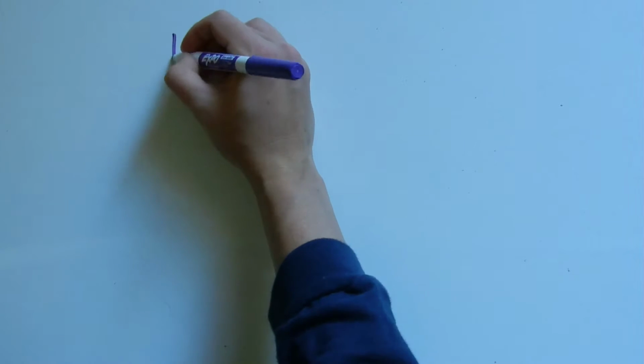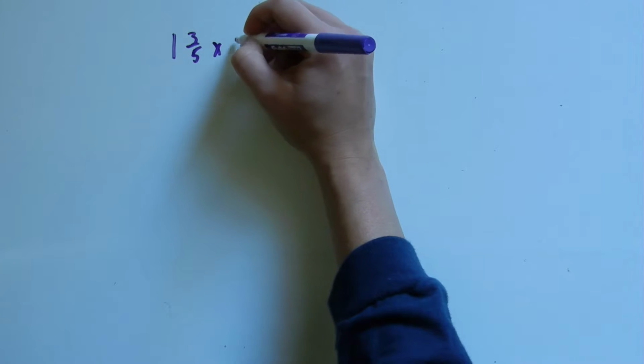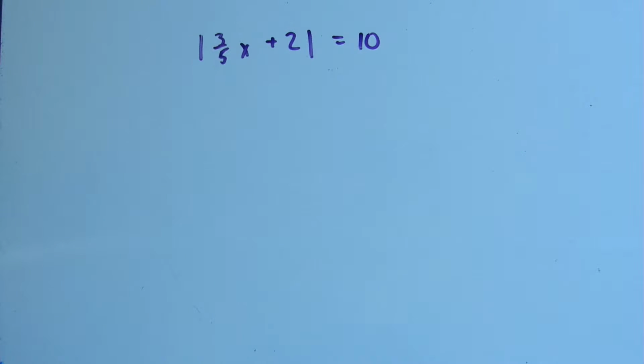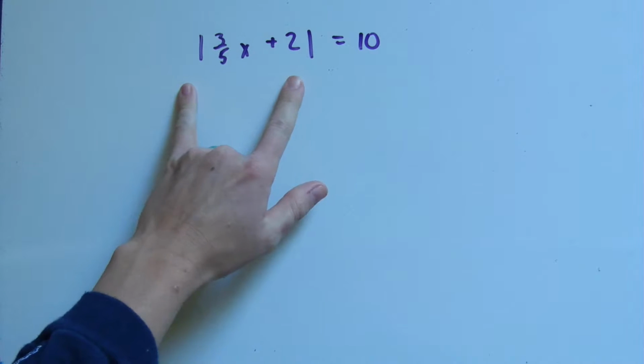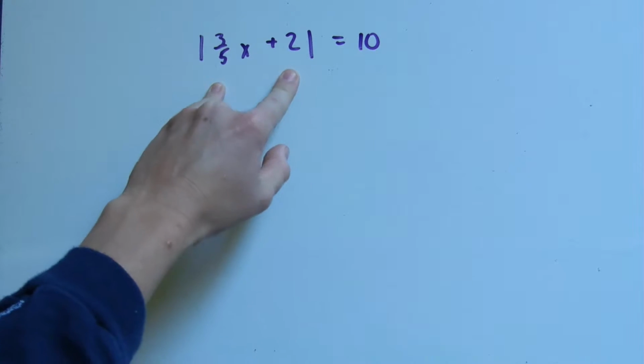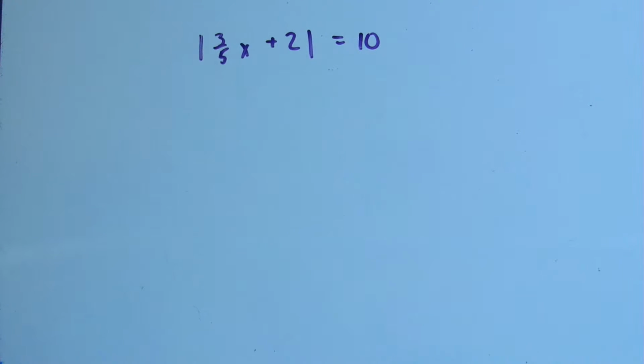Let's look at using the absolute value within an equation that we're going to solve. Say I give you that 3/5 x plus 2, the absolute value of that quantity is equal to 10.